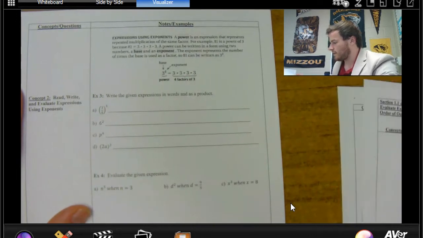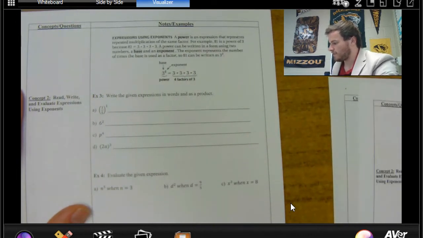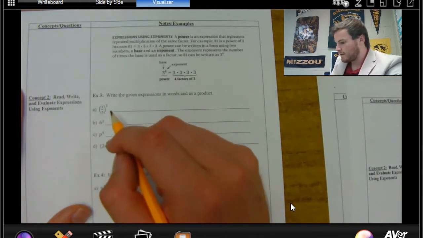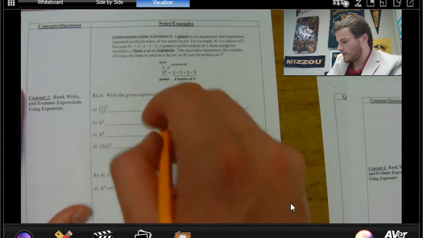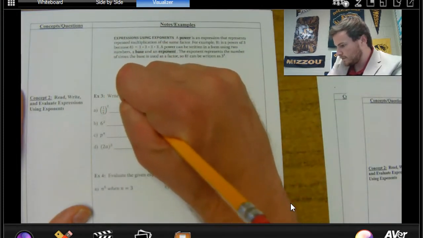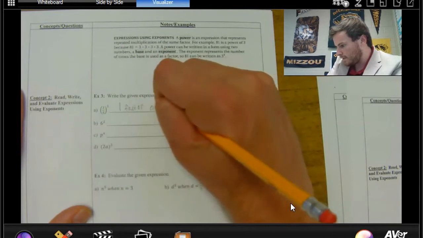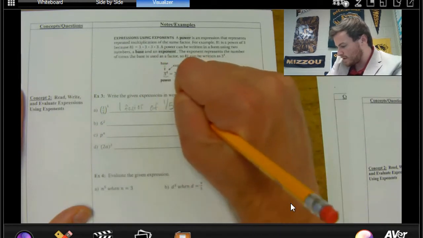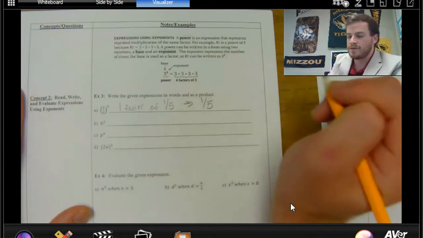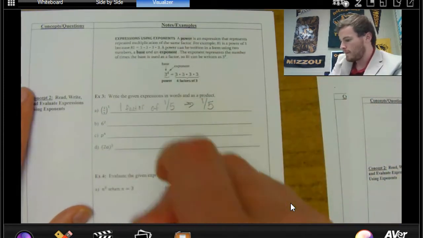All right, write the given expressions in words and as a product. On this one, we're going to write them out. So 1 over 5 to the 1st power. That means we have 1 factor of 1/5, which is equal to 1/5. That's the identity. Anything to the 1st power is always itself. It's an identity property.